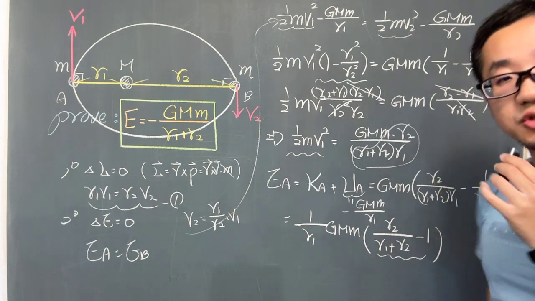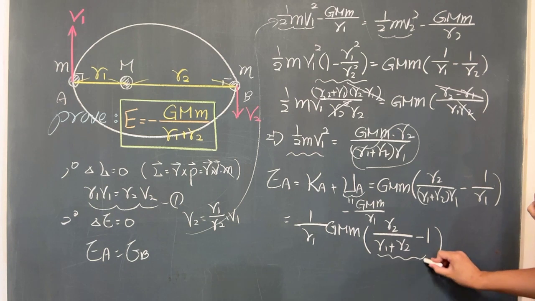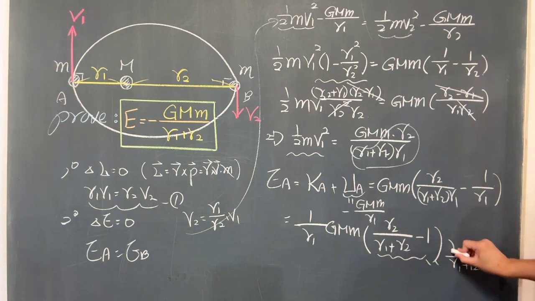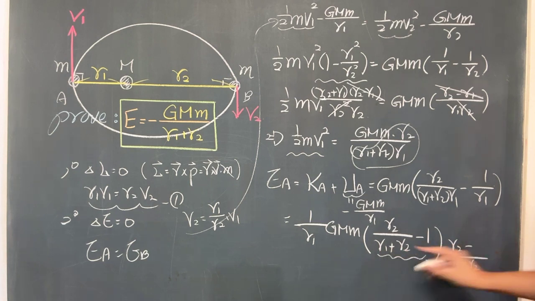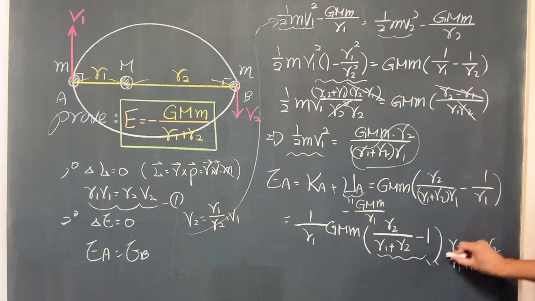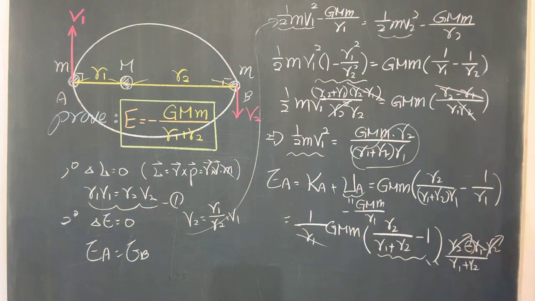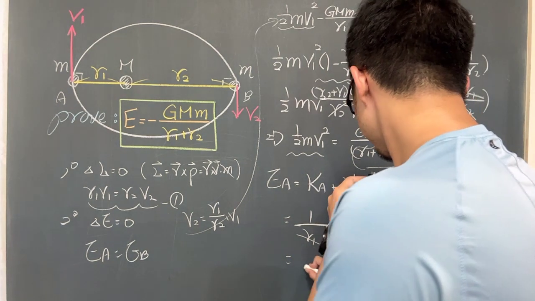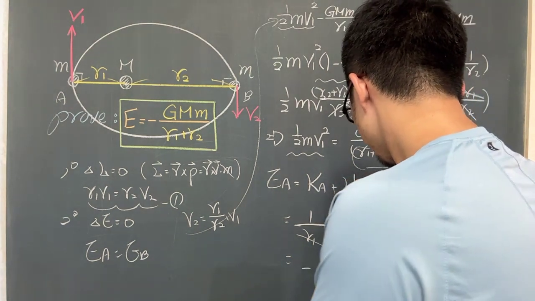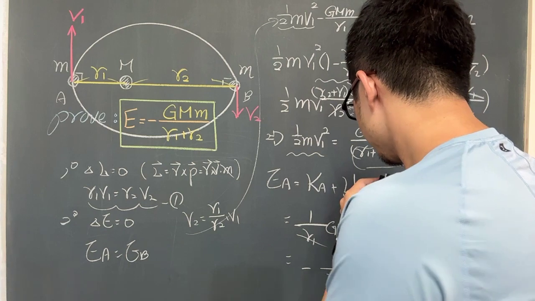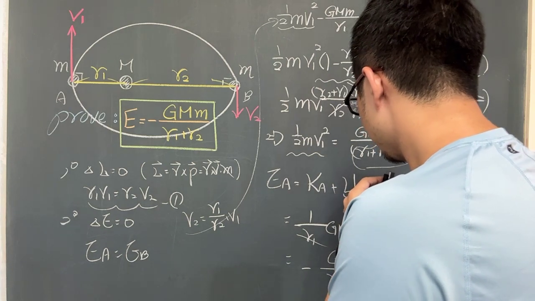Let's simplify, by observing this term, it should be r2 minus r1 plus r2 over r1 plus r2. Then just cancel the r2 term and cancel the r1 term, and there's a minus. So the final result is minus G times mass divided by r1 plus r2.